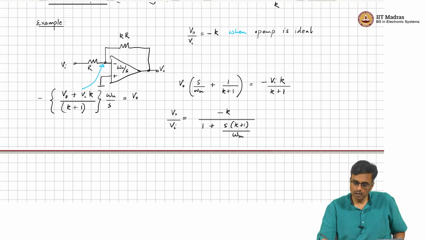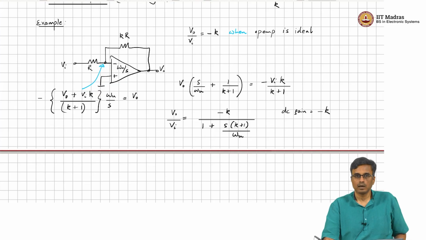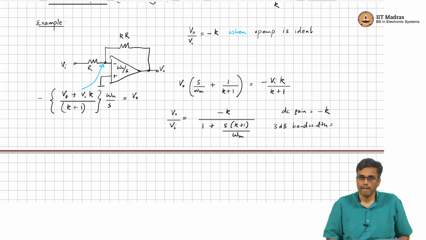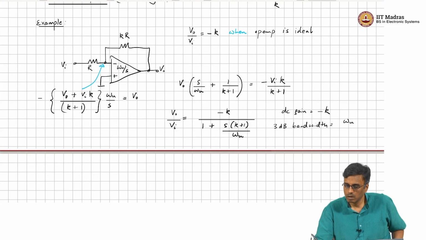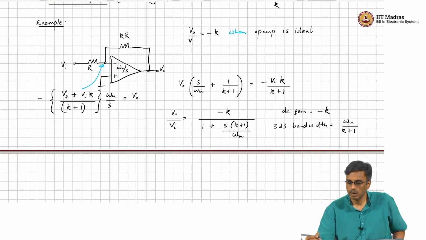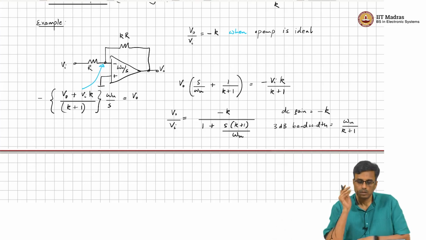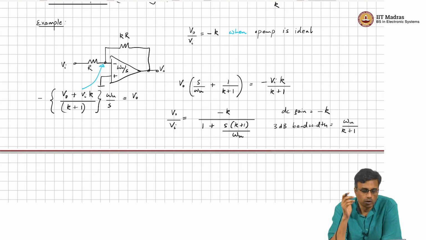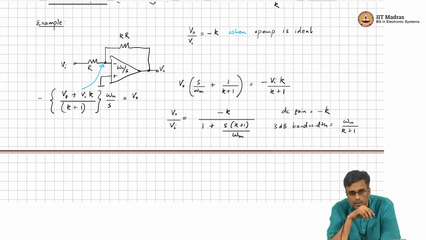Now, what is the DC gain? It is minus k. The bandwidth is omega u over k plus 1.